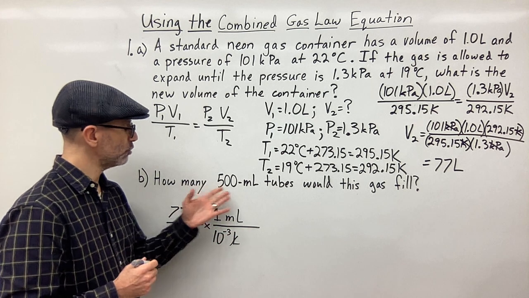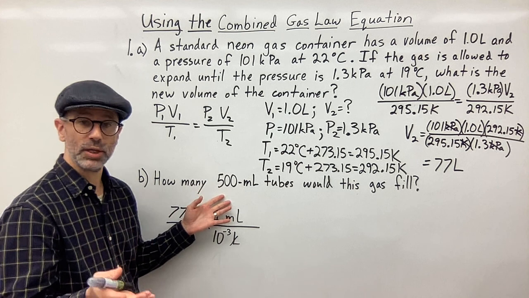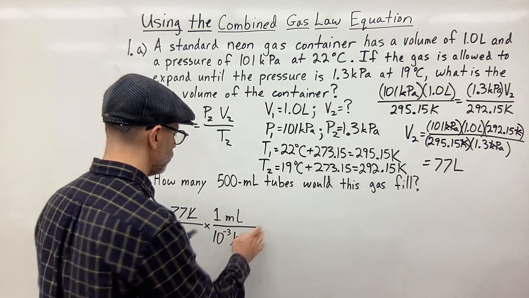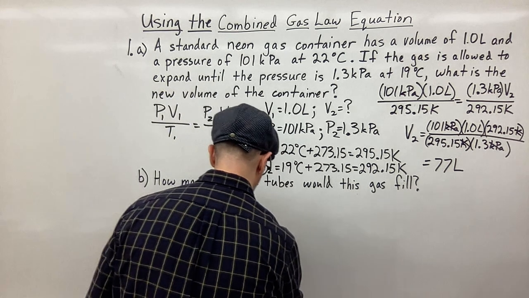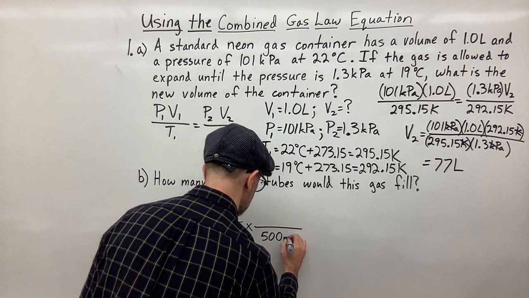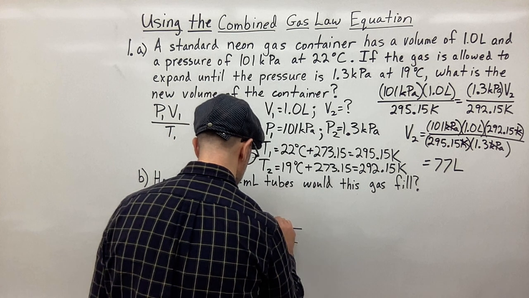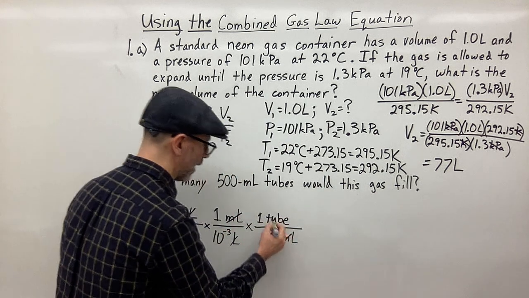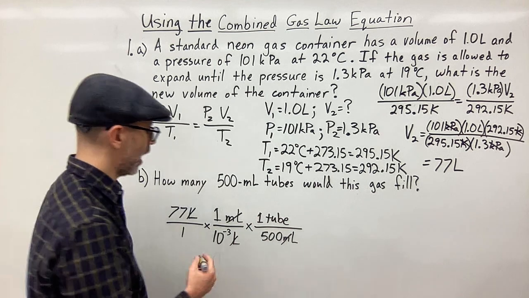Now I can use this as a conversion factor. 1 tube is how many milliliters? 500. So 500 milliliters is going to go on the bottom, and 1 tube is going to go on the top. So milliliters cancel out. Now I have tubes, the number of tubes, which is what I want. So now I'm done.